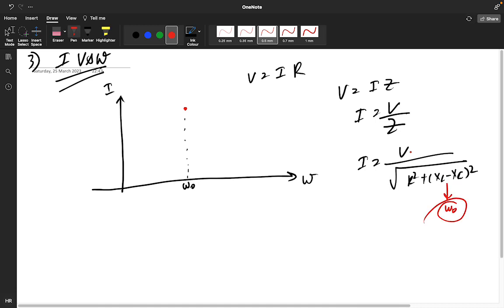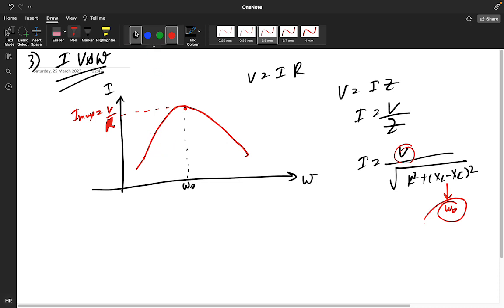So if V is divided by something small, you will get the maximum I value. Okay, so the curve will be like this. Here you will get the I max value, and this value is 0. So that means you are getting V by R directly.